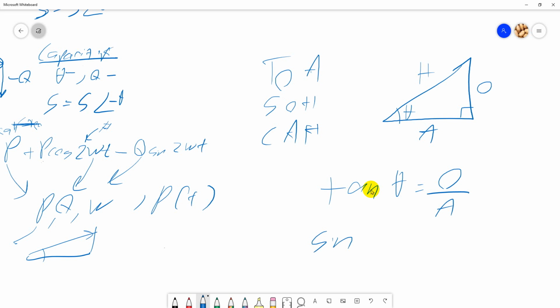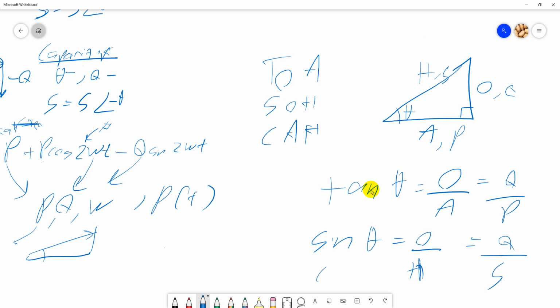In this case the opposite is Q and the adjacent is P. So Q over P. Sine theta is opposite over hypotenuse, so this one is actually S if you use power triangle. So basically Q divided by S. Same as cos. Cos is adjacent over hypotenuse. So you need to memorize that.